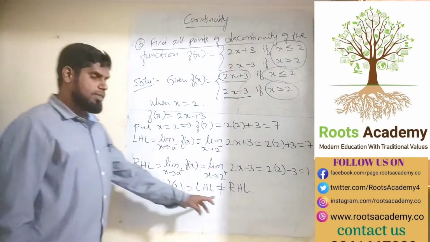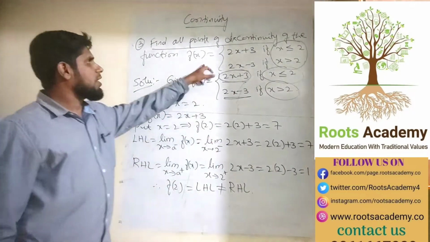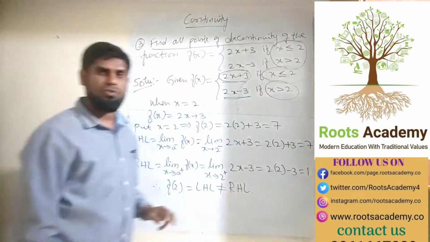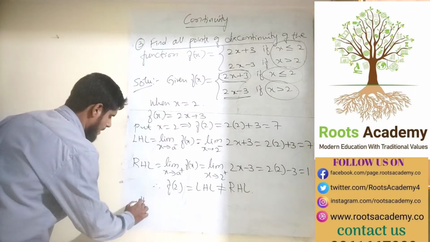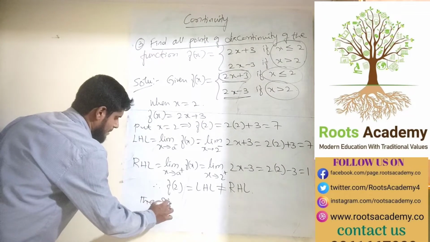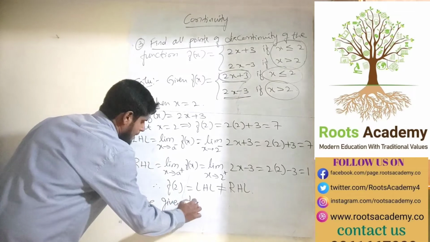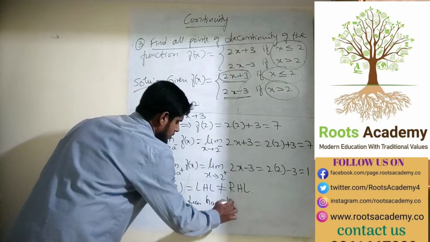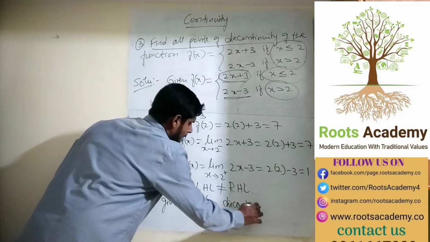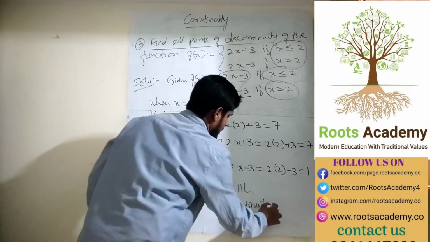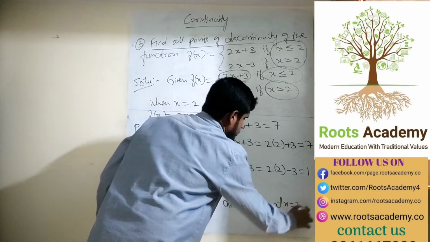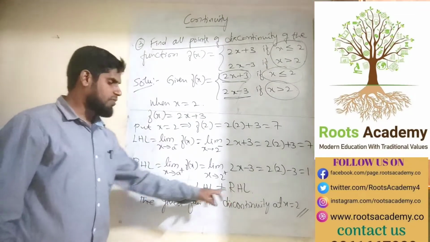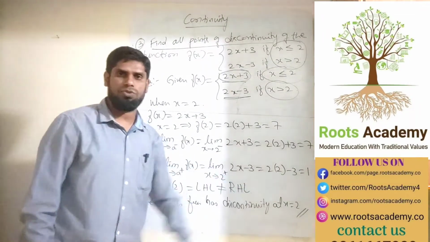So students, in this case, the given function has a discontinuity at x is equal to 2, because these two are not equal. If all the three are equal, then it is continuous at x is equal to 2.